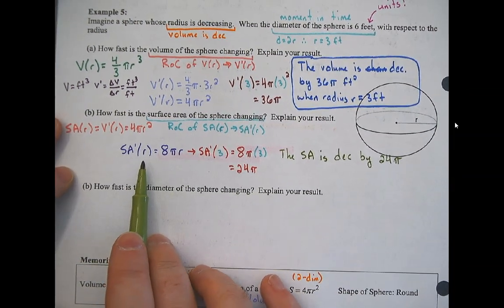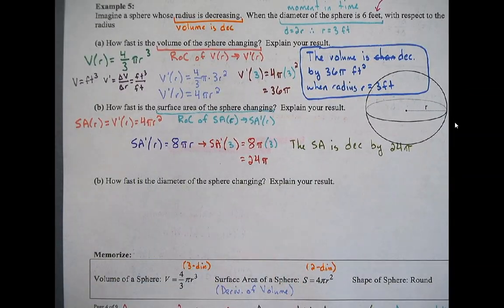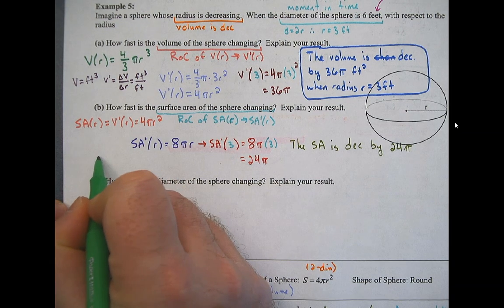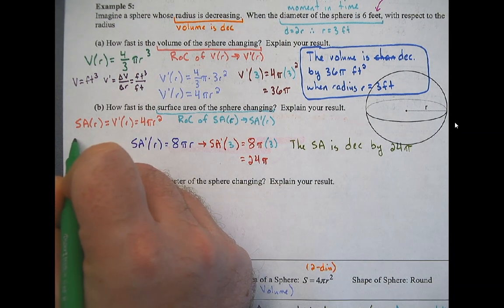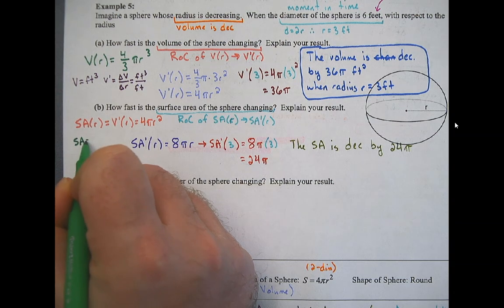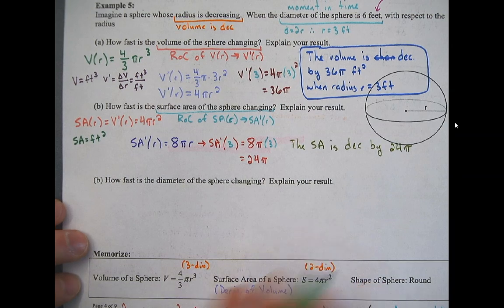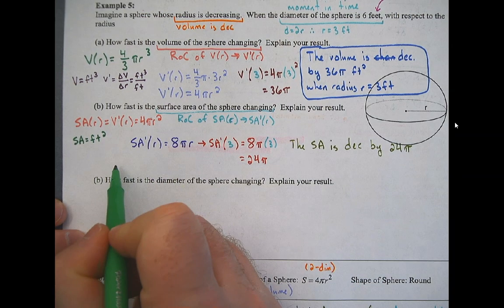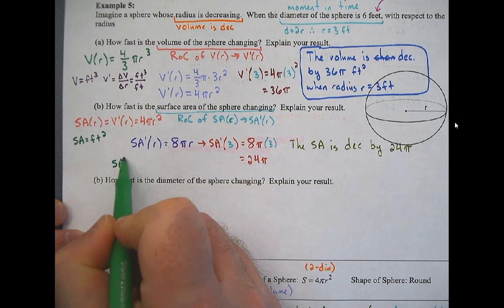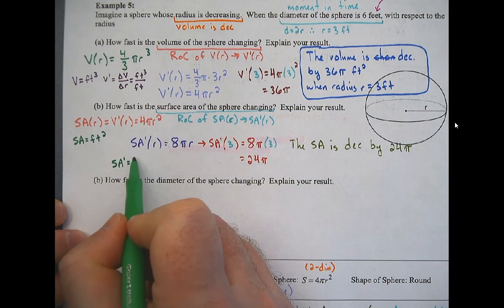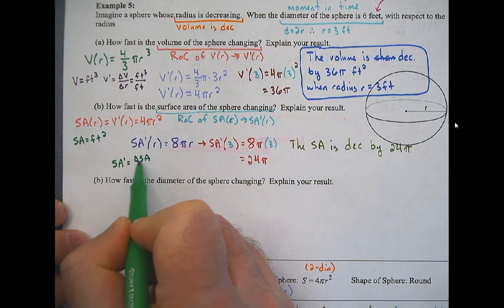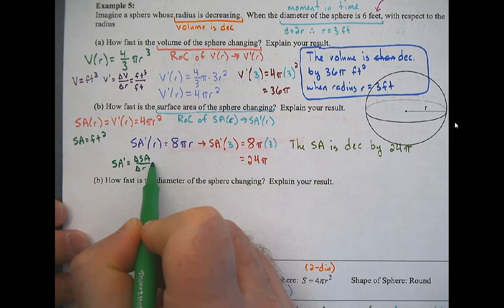So I'm going to go back over here, surface area prime. First of all, surface area is measured in feet squared because it's an area. Surface area prime would be the change in surface area over the change in radius.